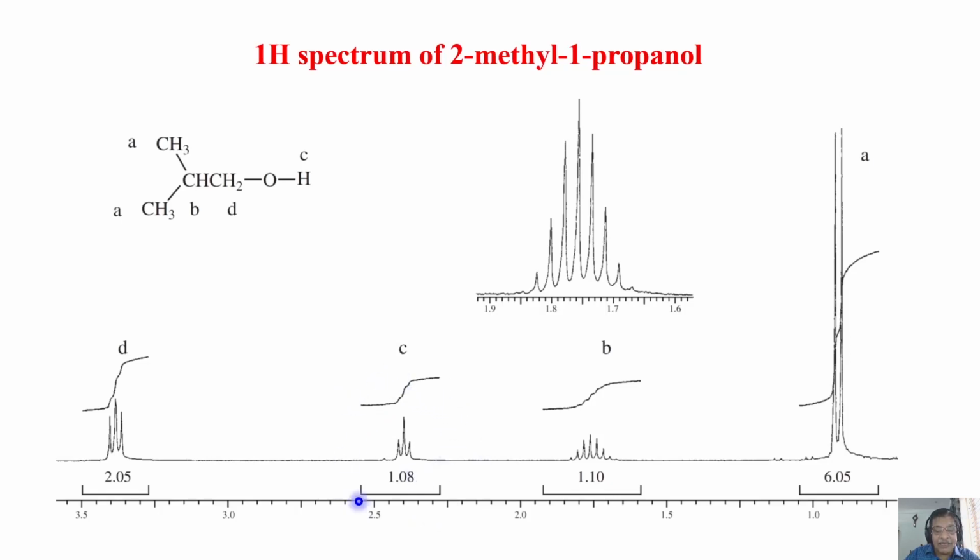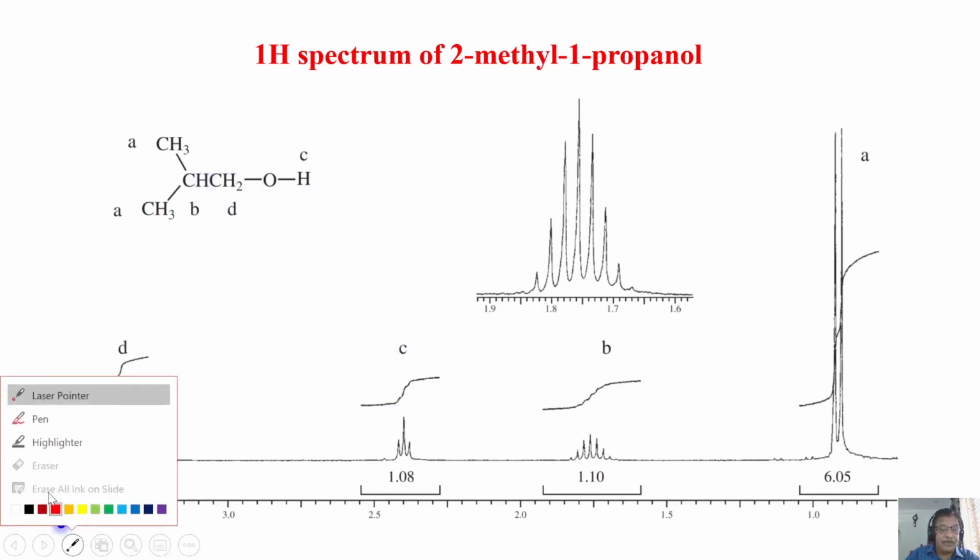So let us assume this must be the OH proton and start assigning this one for OH proton. So OH proton is marked C. Fine. Next, in the same order, you will see CH2 here.